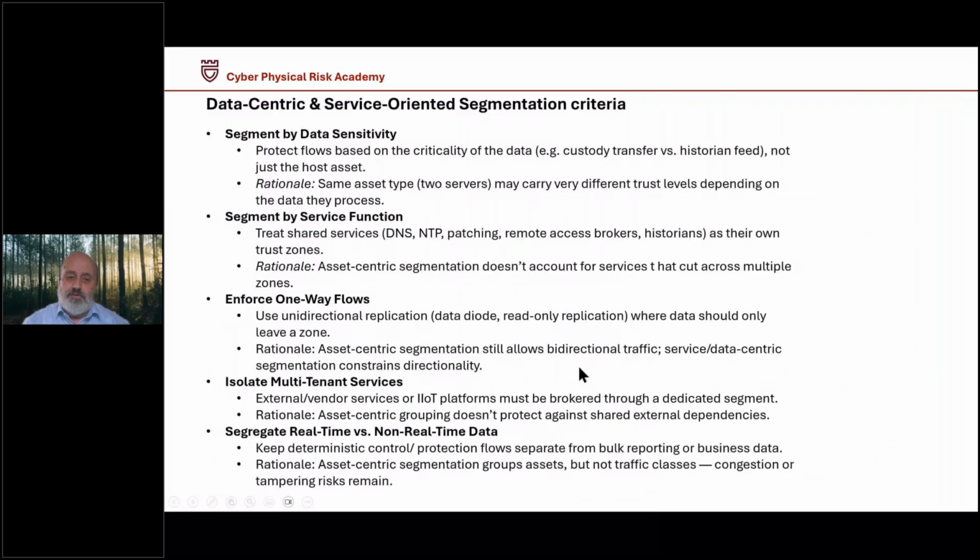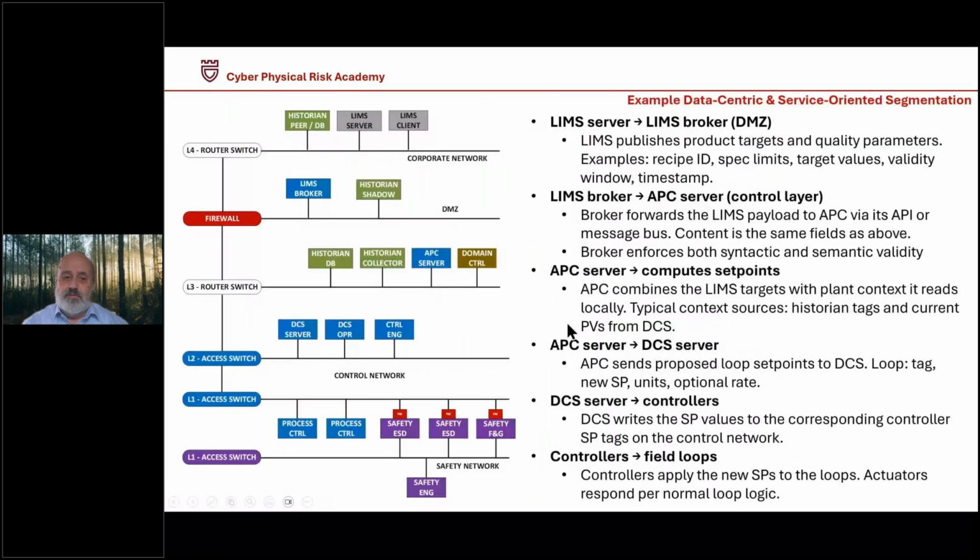You can also start segmenting along data-centric, service-oriented lines, so segment by data sensitivity or a particular service function. For example, here you have a LIMS server at the top where a client puts the data into the LIMS server.